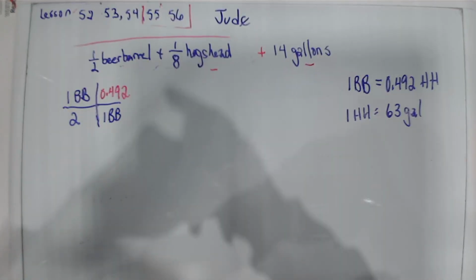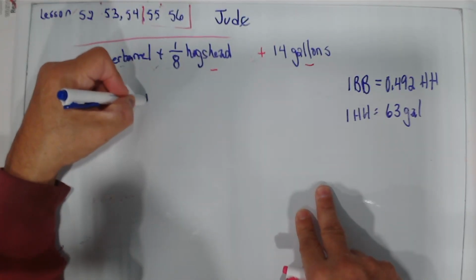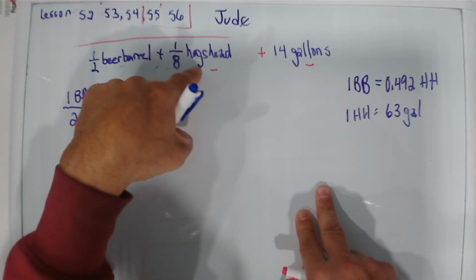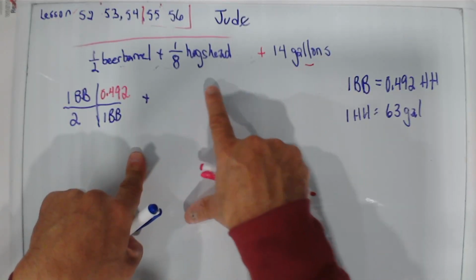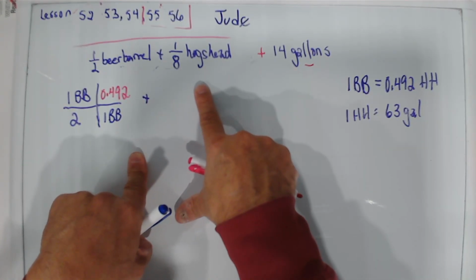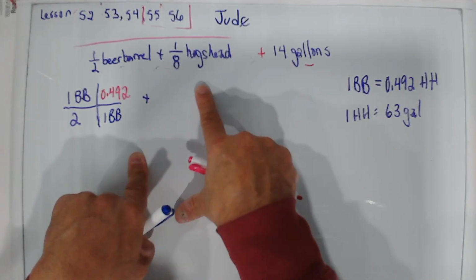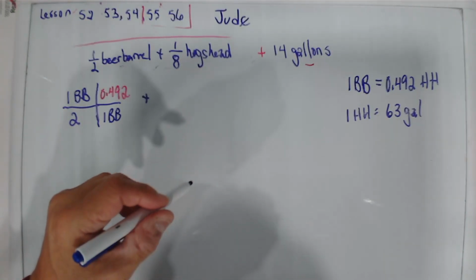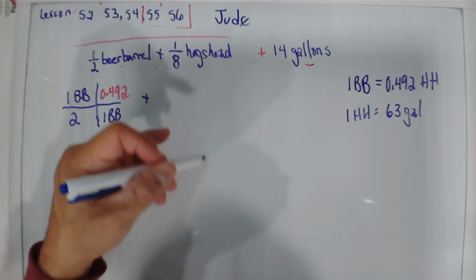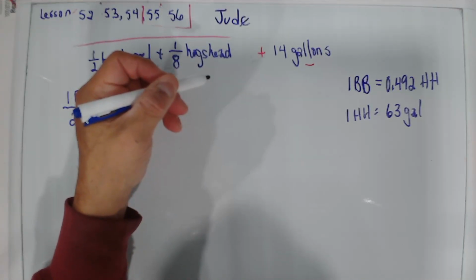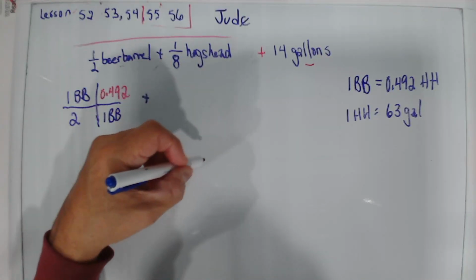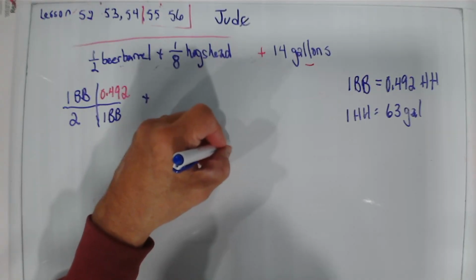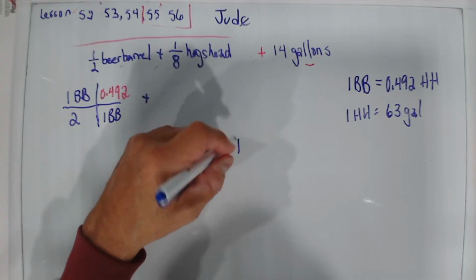And I'm just going to add in 1/8 of a hogshead, but it's in a fraction. We do better if it's in decimal. So let's take a look at something, and this will come second nature to you. This is going to be 0.125, and I'll show you how we get that. If I take 1, that's equal to 1, right?